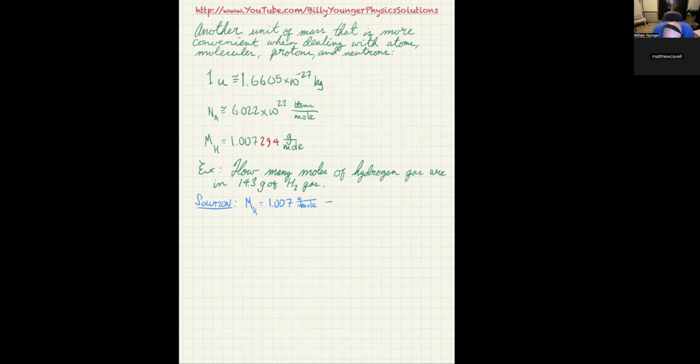So from this, what we can say is that the molecular weight of hydrogen H2, in other words, molecular hydrogen, is in fact 2.014 grams per mole. And that's just because the formula is H2, so that means you got to multiply the 1.007 by 2.